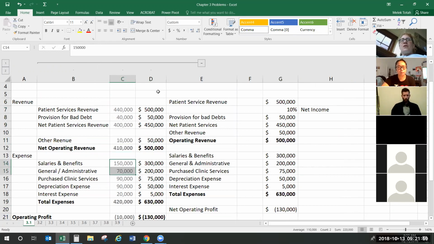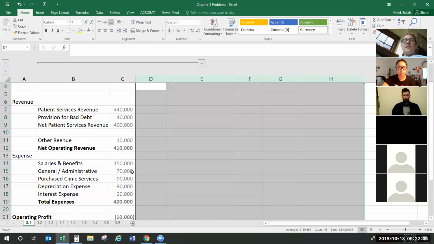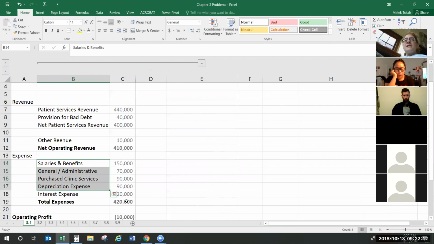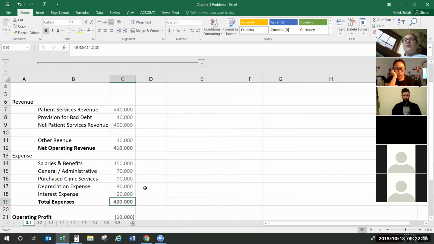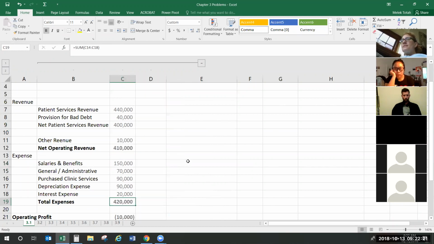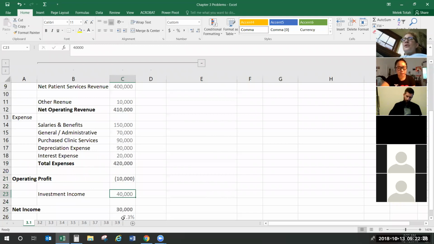And we put in all our expenses that we talked about here, right? You can see that they add up to 420. The book had that at 460, and so that was just wrong. Then you have an operating loss, in this case of 10. You're adding your investment income, so you're getting to a net income of 30, right?